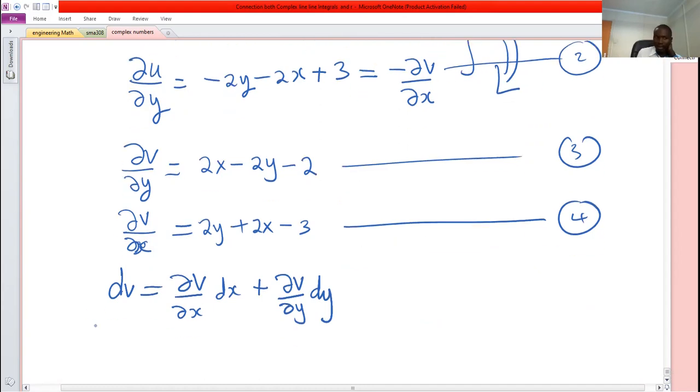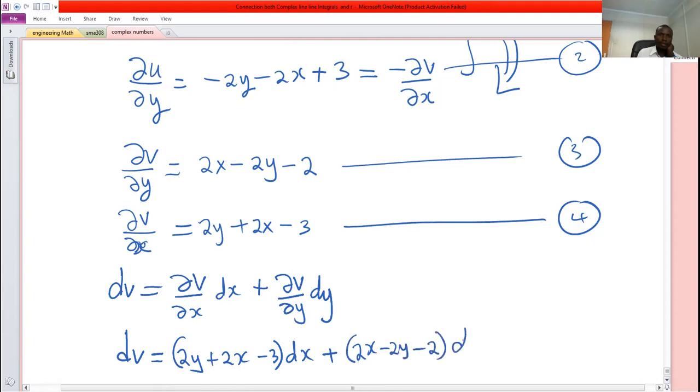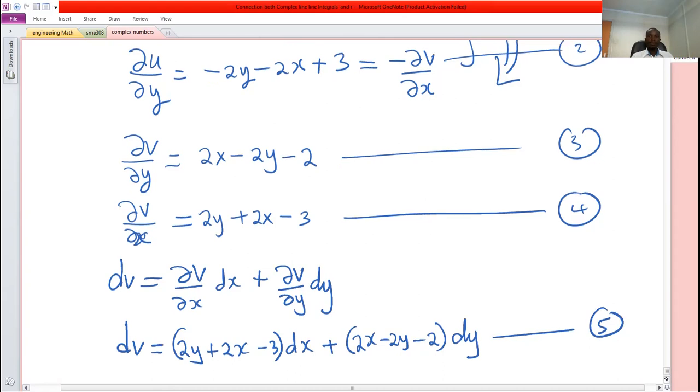So we have dv: partial v partial x is 2y plus 2x minus 3, and then dx; partial v partial y is 2x minus 2y minus 2, and then you put dy. So call this one equation 5. Our interest is to get v, so therefore from this 5, we simply integrate both sides of 5.